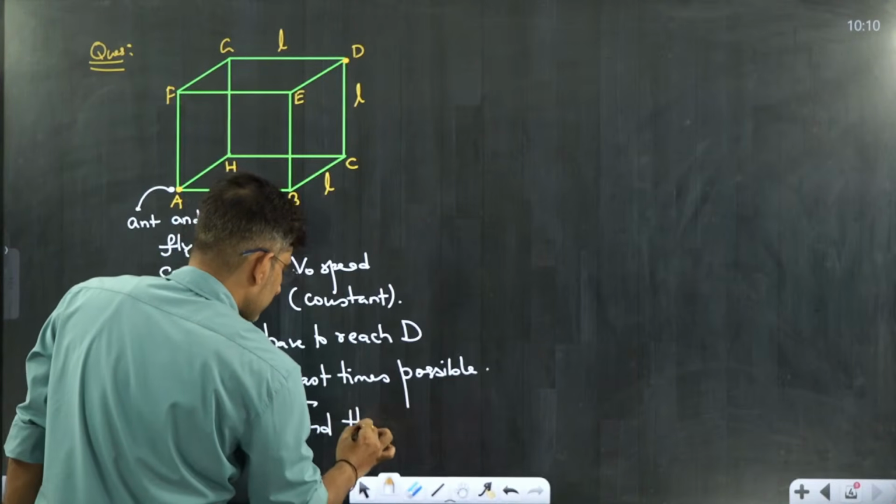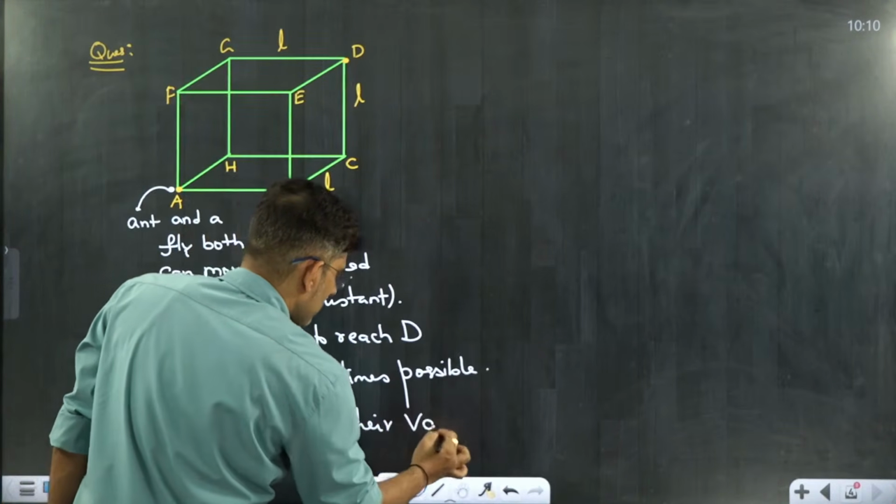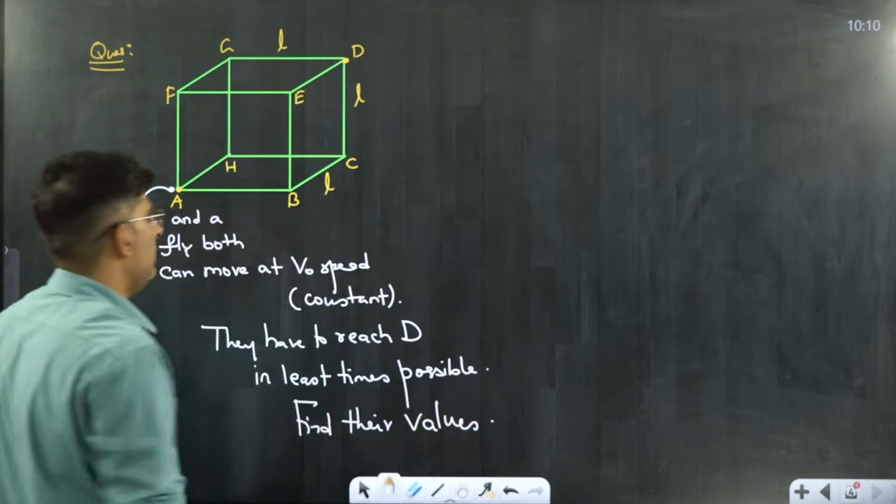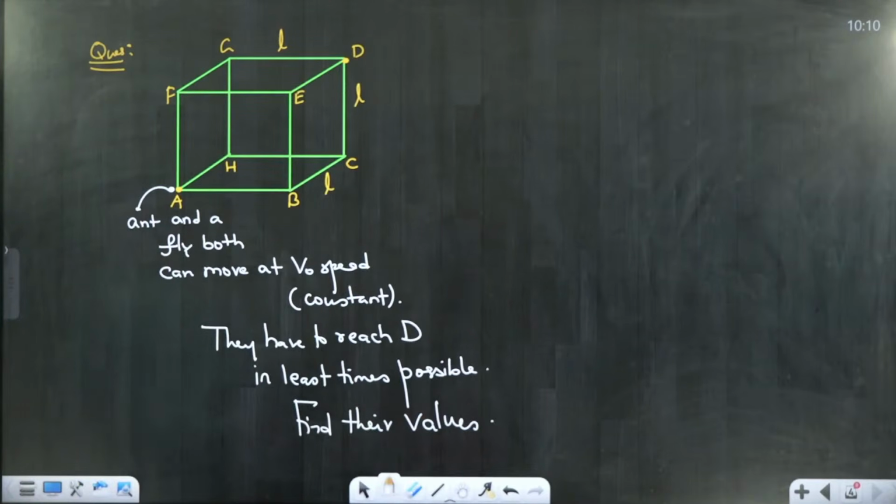Find their values. So we have to find the least possible time in which you can make the ant and the fly reach the point D starting from point A.